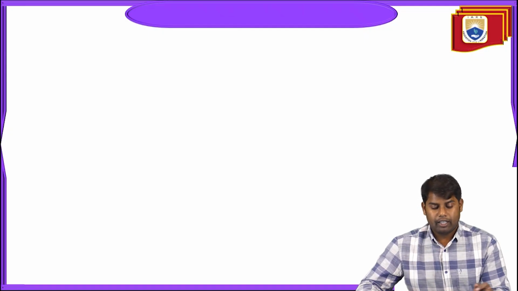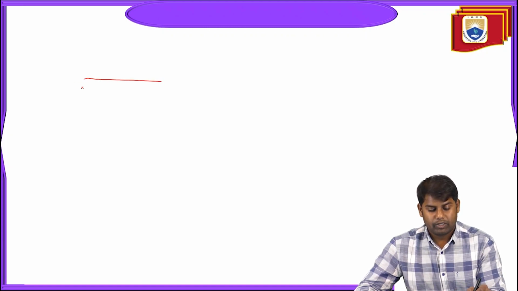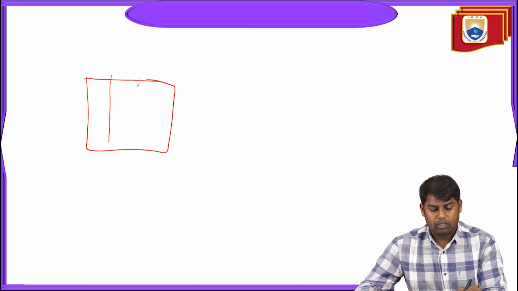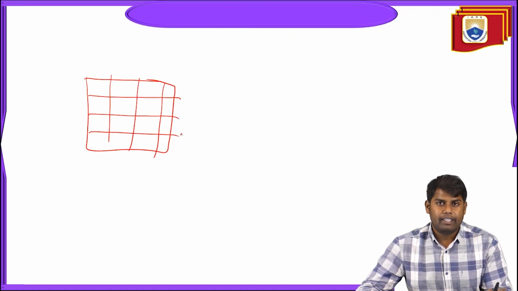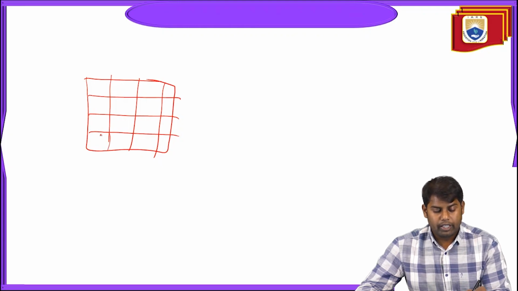So here if we see a grid, let me draw a 2D mesh. Here we have x and y grid lines. The intersection of the x and y grid lines will form a grid point. So basically these are called the grid points.